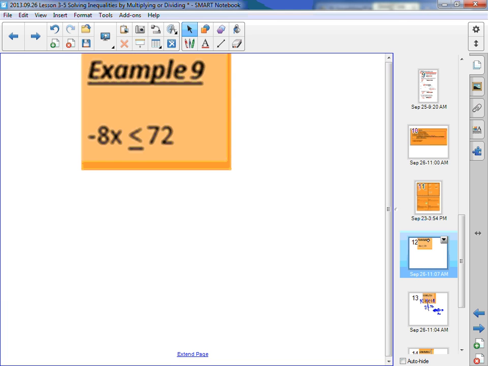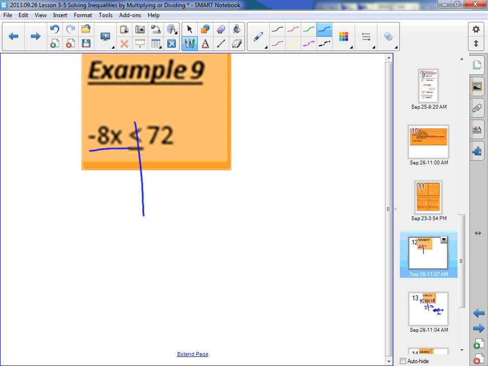So if I look at example 9, when I try to solve this, I know that in order to get rid of this negative 8 as a coefficient, I would have to divide by negative 8 on both sides. But because this number that I divided with is a negative, see how that 8 is negative right there?